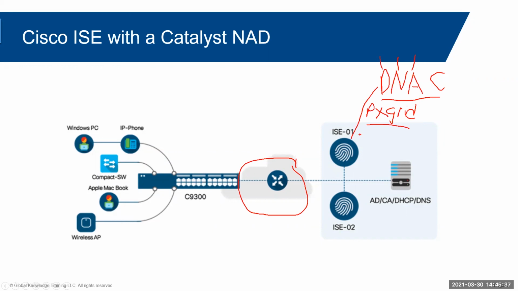Is there a separate license for TrustSec? Steve asks. So the official answer is not directly, but yes, indirectly. So there's three layers of licensing in ISE, depending on what you want to do. If you want the highest amount of features, there's the highest level of licensing called Apex, and there's a Premier, and then there's a standard licensing.